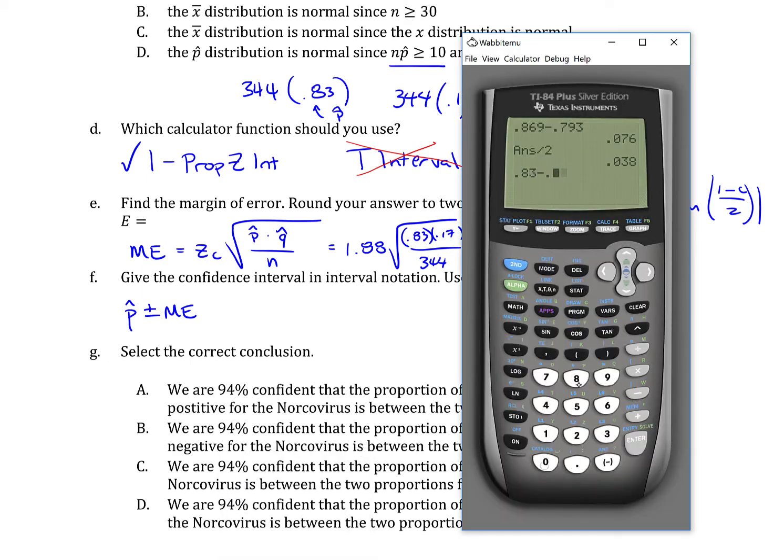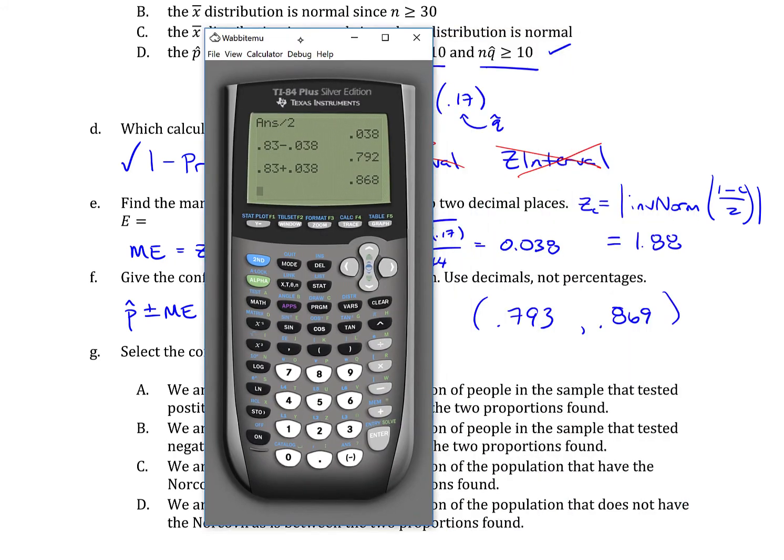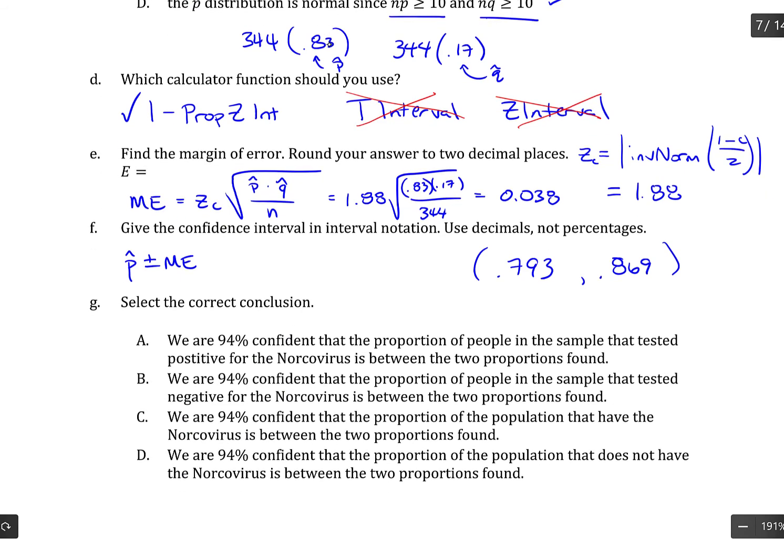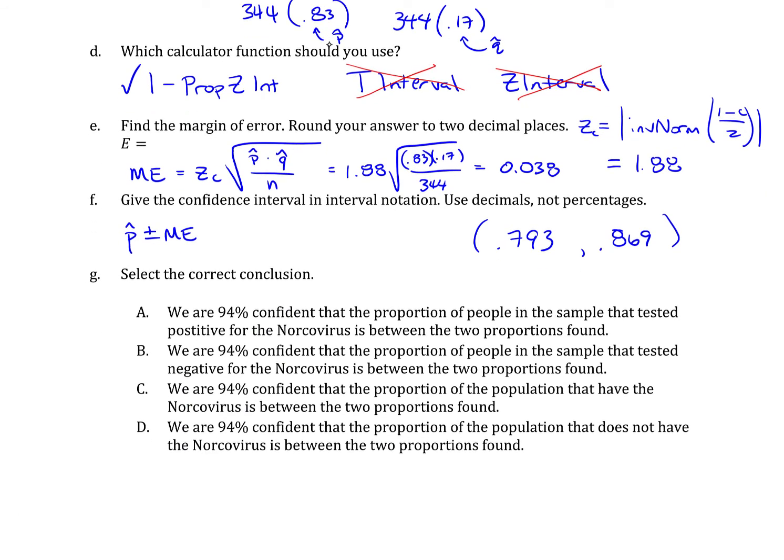If I subtract 0.038, and then I add 0.038, that's another way of coming up with the endpoints of those intervals. And there's a little bit of rounding error here, and the site generally takes that into consideration when accepting answers, because there can always be a little bit of rounding error. All right, so there's a confidence interval.